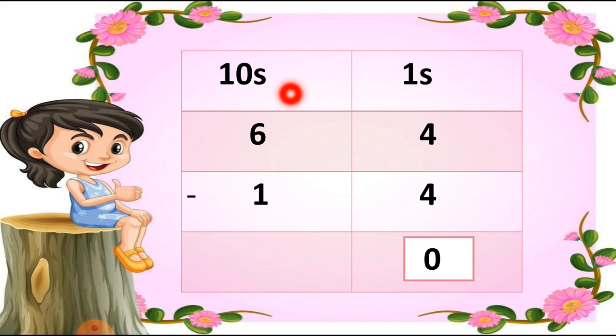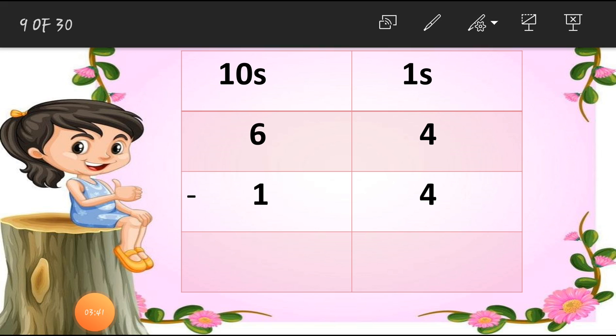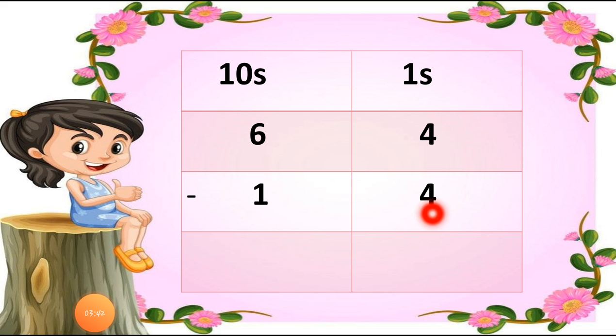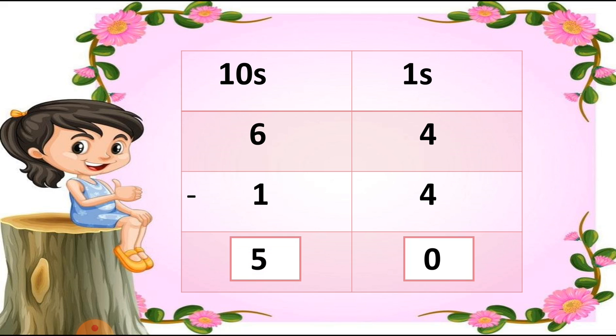Now the tens column students, let's go to the tens column. Here 6 minus 1 is equal to 5. If you cut one from the 6, the number 5 remains, and here our answer is 50.